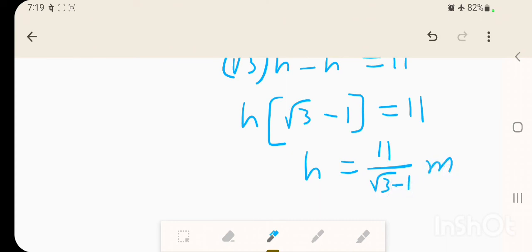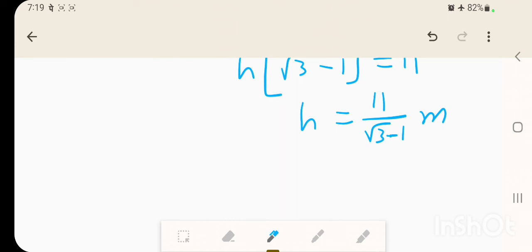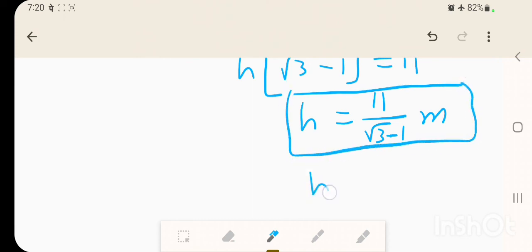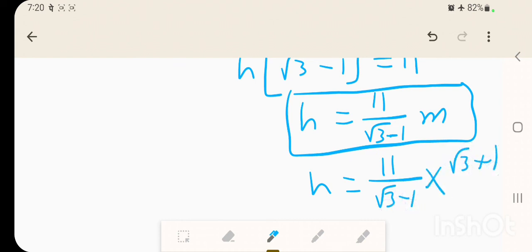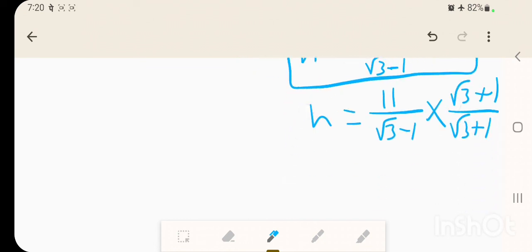And one thing you have to remember here is that we should not keep a square root in the denominator, so you can try to simplify this, or you can stop here. It depends on how many marks they have asked. If you have sufficient time, you can simplify this by multiplying the numerator and denominator with root 3 plus 1, that is rationalizing, so that the square root in the denominator will vanish.